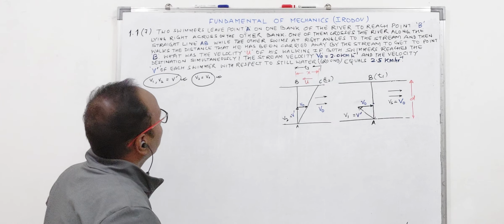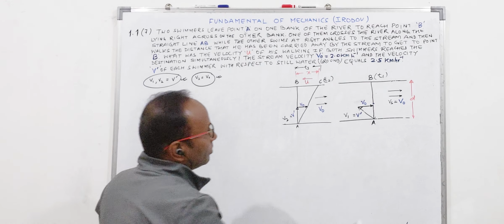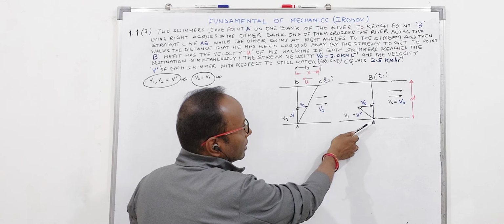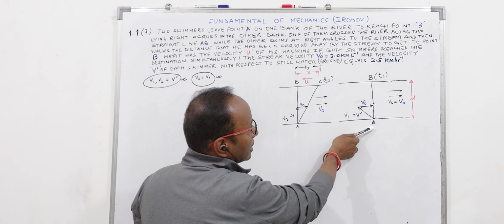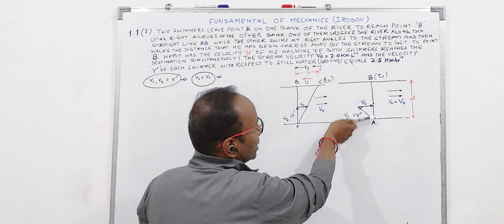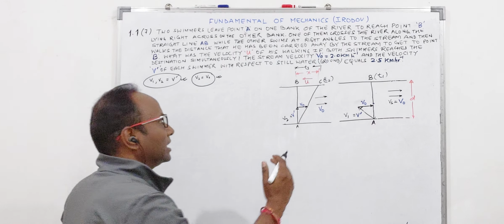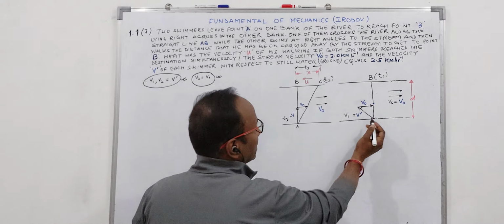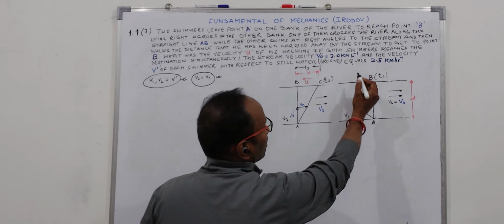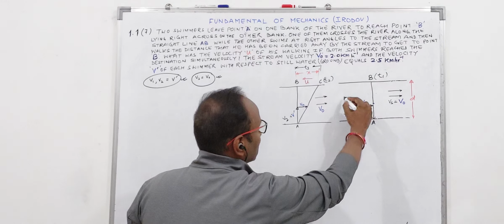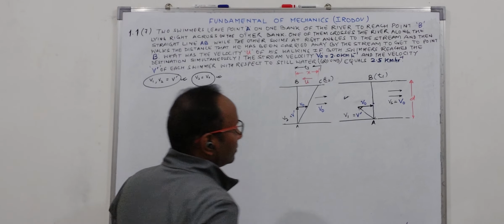Other information given is that swimmer 1 crosses the river in a straight line from A to B. It means he took the direction of his swimming in such a way that the resultant is in the direction of AB. You can have a look at this diagram.